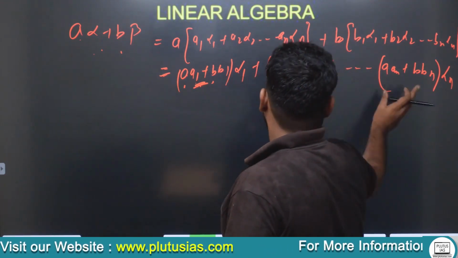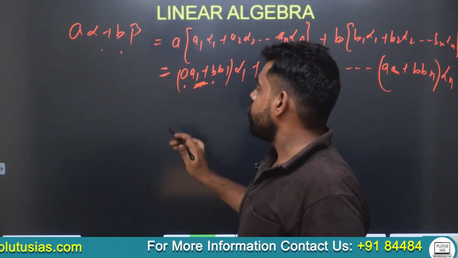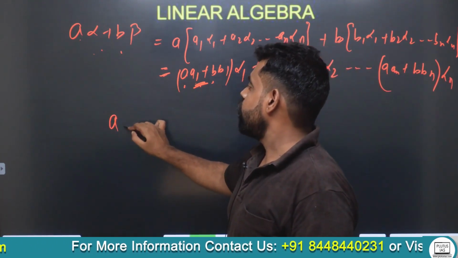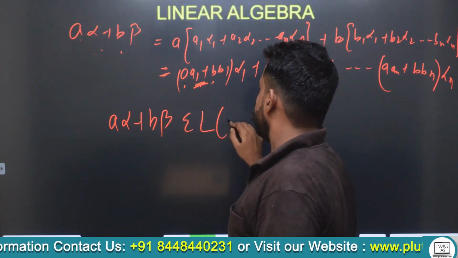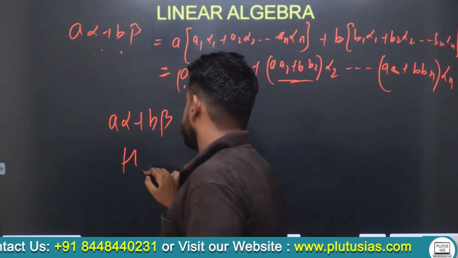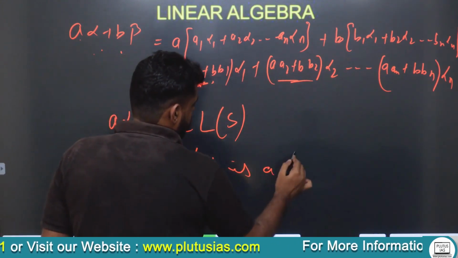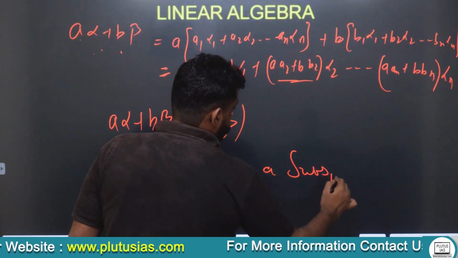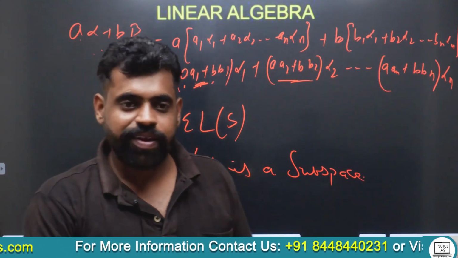So these are elements of the field and this is a linear combination of alpha 1, alpha 2, alpha n. Thus a alpha plus b beta belongs to LS. Thus LS is a subspace. ऐसे किया था ना?